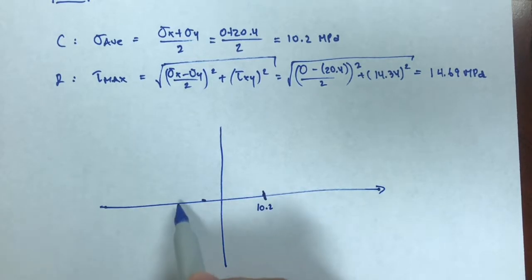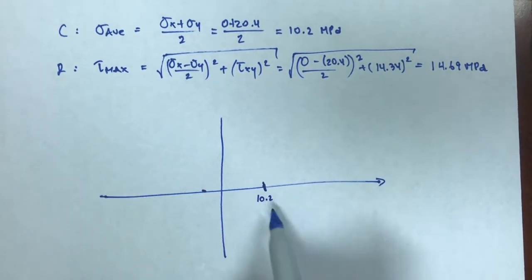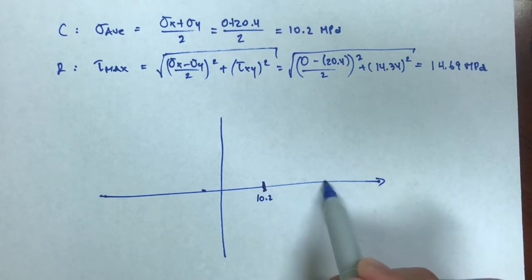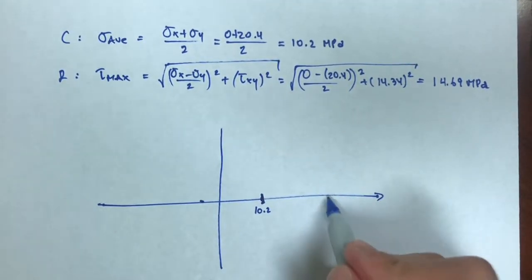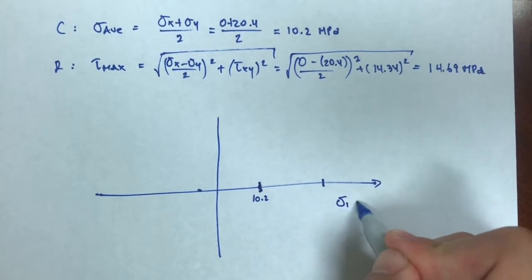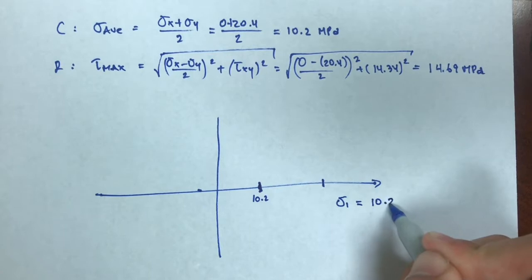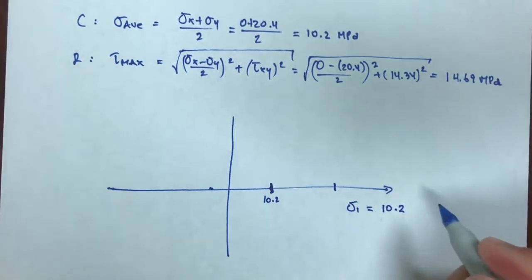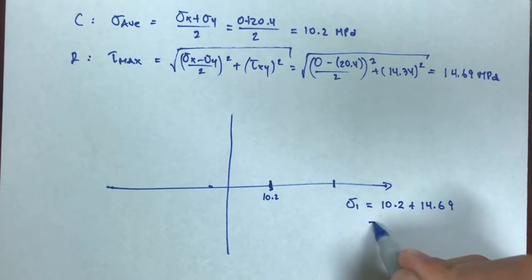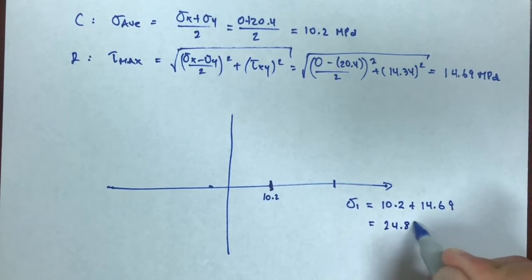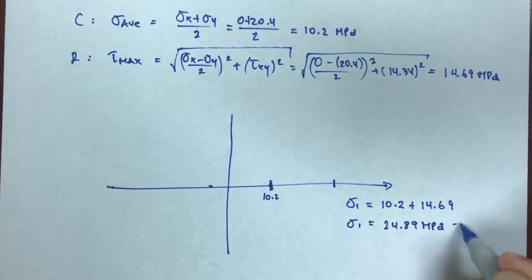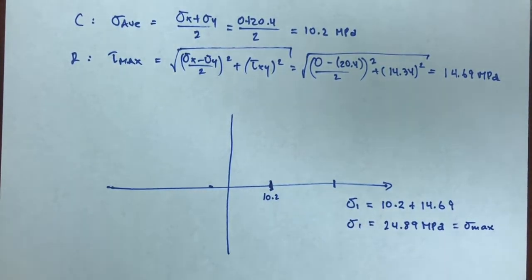Even a maximum can be a negative value, but in this case it isn't, because my center is on the right. So if I add a radius, which is almost 15, this maximum principal stress, sigma 1, is what I'm interested in, and it would be equal to 10.2, which is the center, plus a radius, 14.69. So this would be equal to 24.89 megapascals. Okay, sigma 1, which is my sigma max, right?